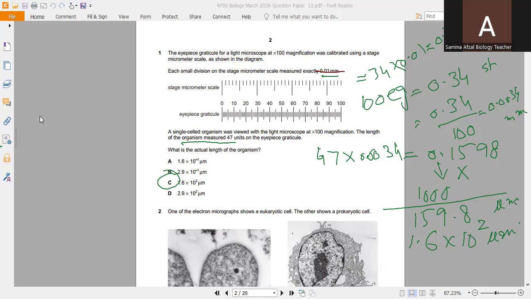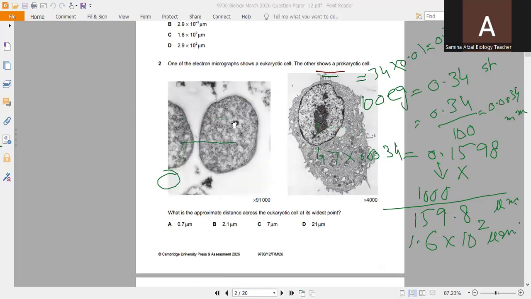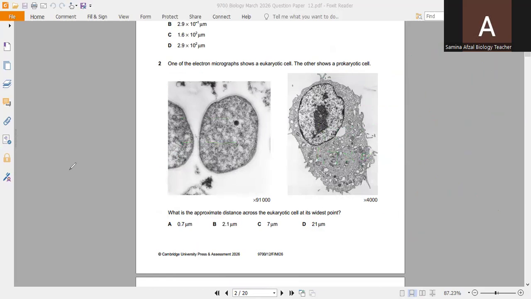Now we will move towards question number 2. One of the electron micrographs shows a eukaryotic cell. The other shows a prokaryotic cell. What is the approximate distance across the eukaryotic cell at its widest point?